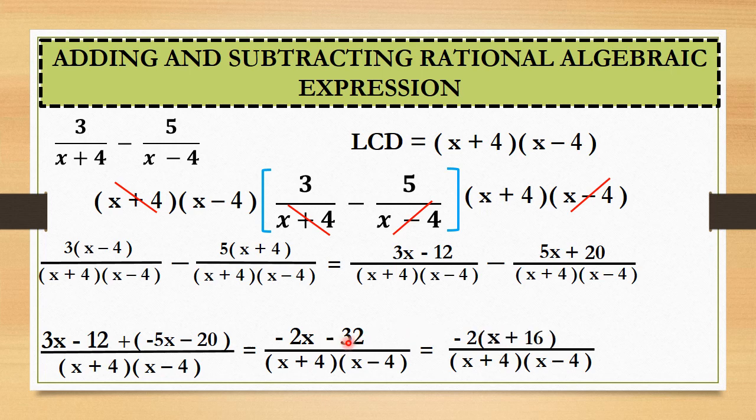Negative 32 divided by negative 2, we have positive 16. So, this is the difference of the rational algebraic expression in simplest form. Negative 2 times x plus 16 divided by x plus 4 times x minus 4.